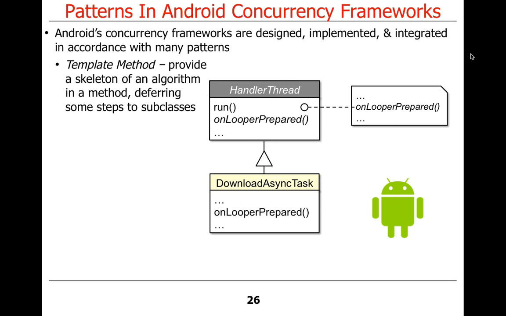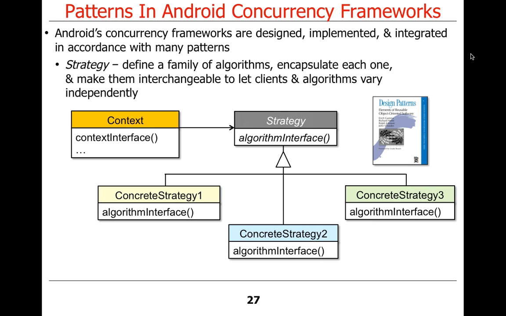And it defines a hook method called onLooperPrepared. And that's where you can go ahead and do your thing. It's called as part of the run method on the handler thread. So the run method is the template method. onLooperPrepared is the hook method. It can be overridden to do various kinds of things.